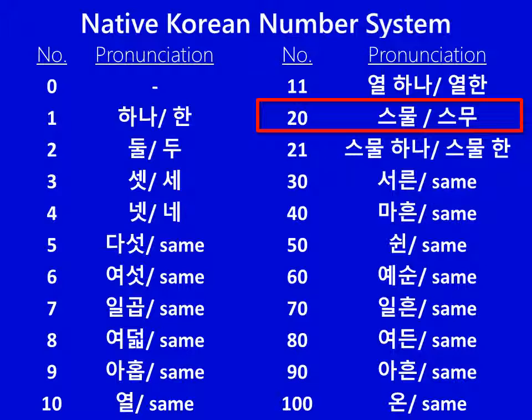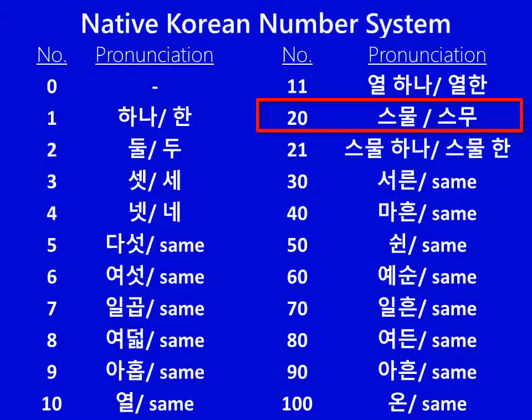And it goes on the same until it becomes 20. 20 becomes 스물. You don't say 둘열, like 210. We say 스물. It's an irregular form, so you need to learn this. 스물.